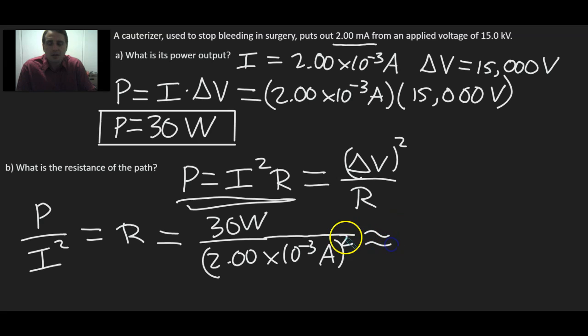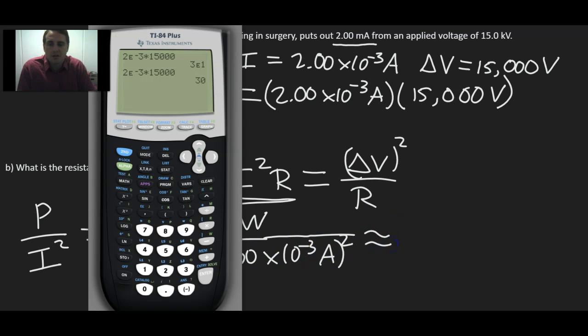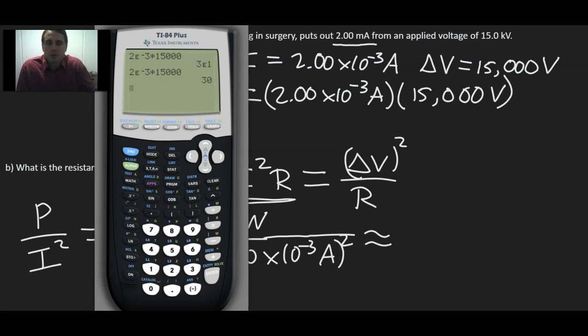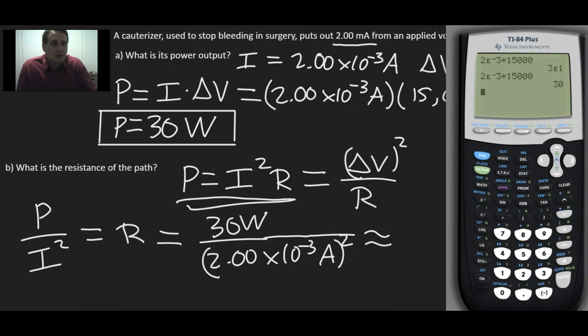Okay? So let's go back to the calculator. And again, we'll move over so we can see this. Okay. So we have, let's do alpha F1 to get N over D, which is that stack. So 30 over 2 times 10 to the minus 3, and then squared.